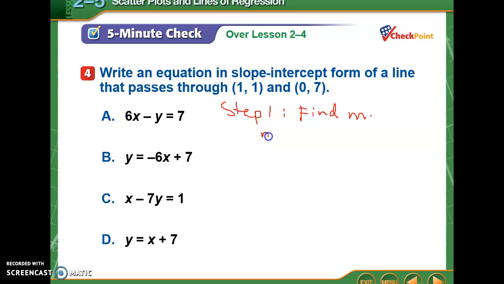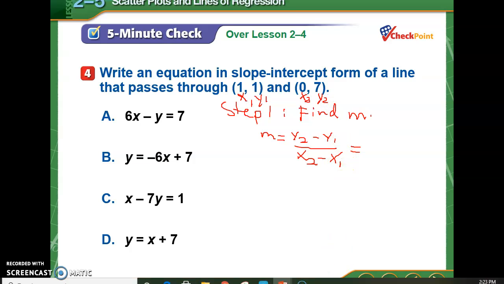So that will be slope equals y2 minus y1 over x2 minus x sub 1. Okay, so go ahead, plug in. Make sure you label your points. That will help you in plugging in the values. Okay, alright, work it out. Find the slope.